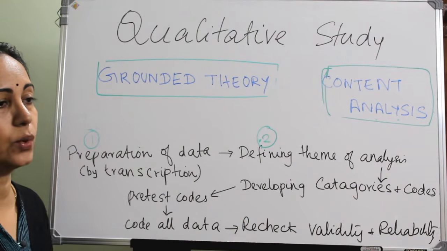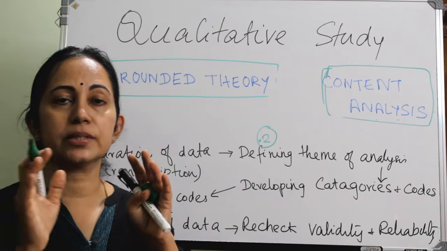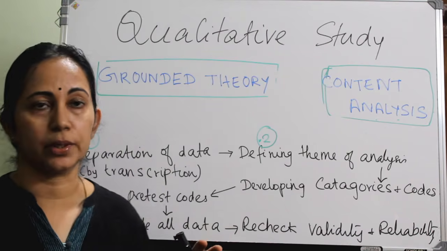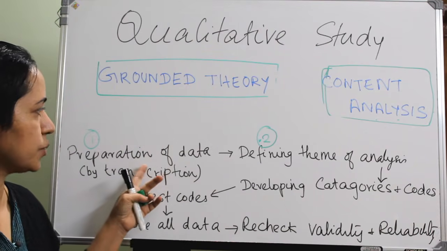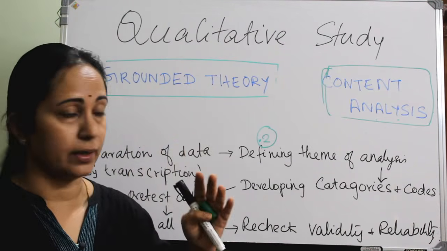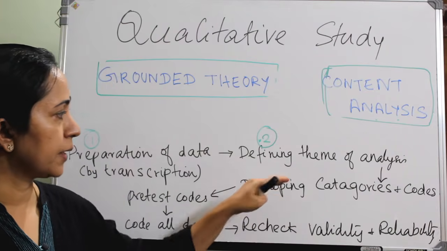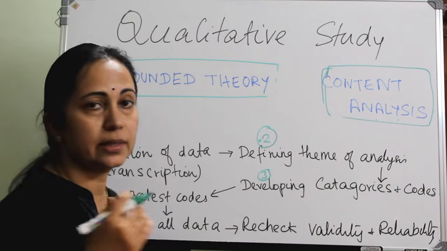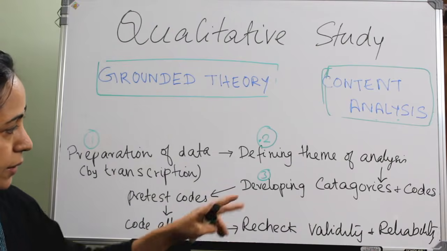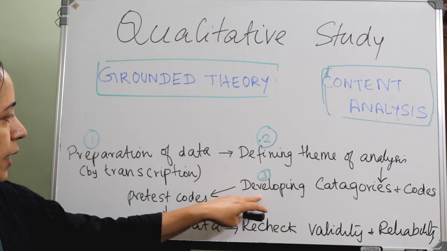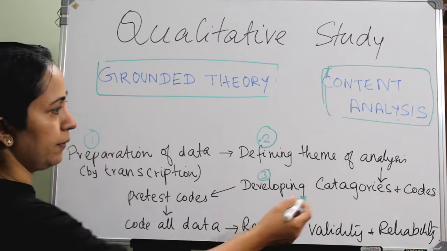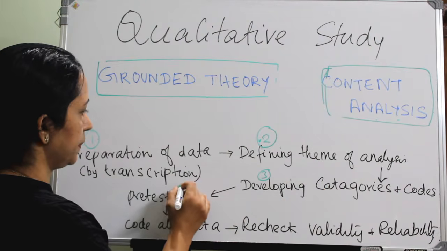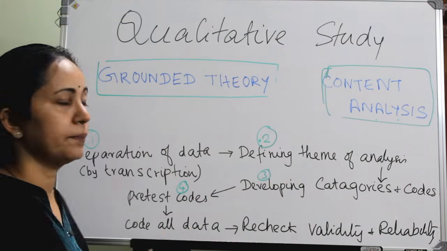By going through a thorough literature review, you have to get certain themes on the particular topic. So you have to predefine the theme of analysis, and from that develop categories and codes which are relevant to the particular research. After that, pre-test the codes. How will you do that?